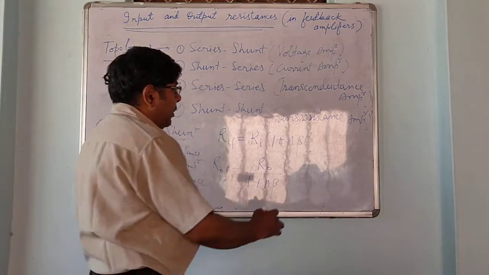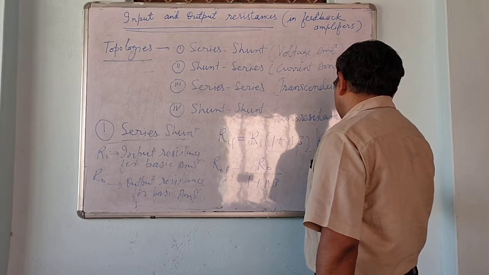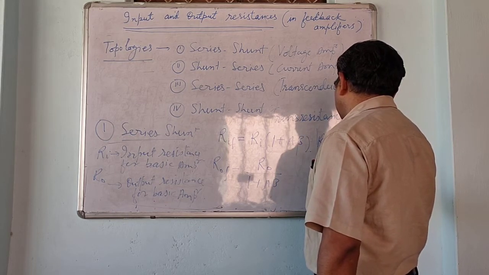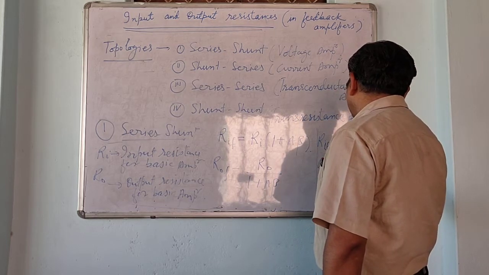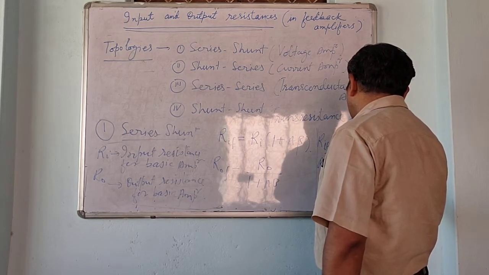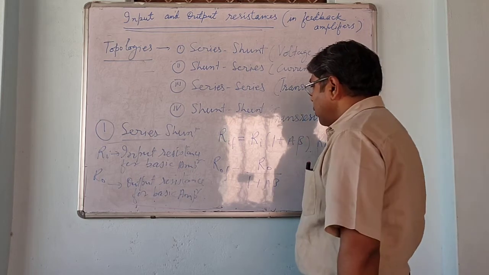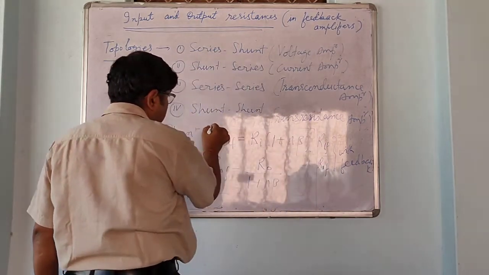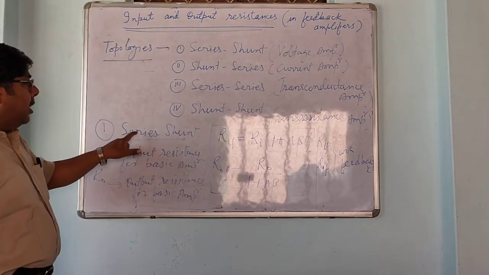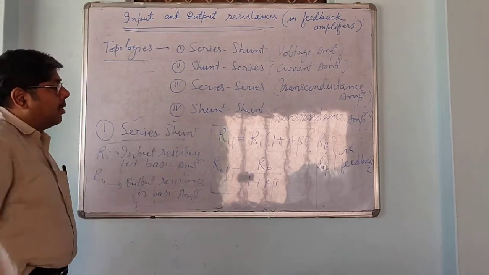and these are input resistance and output resistance with feedback. So this is the expression for input and output resistances for series shunt. So these two terms are important, series and shunt.